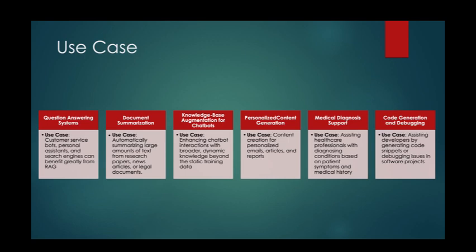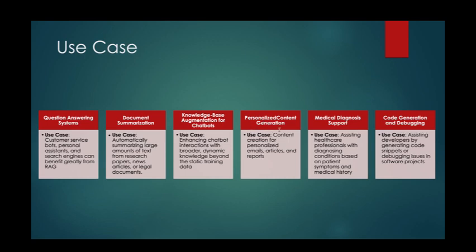Moving on to another category, that is knowledge base augmentation for chatbots. In this use case, we enhance chatbot interaction with broader, dynamic knowledge beyond the static training data. How exactly does it work?